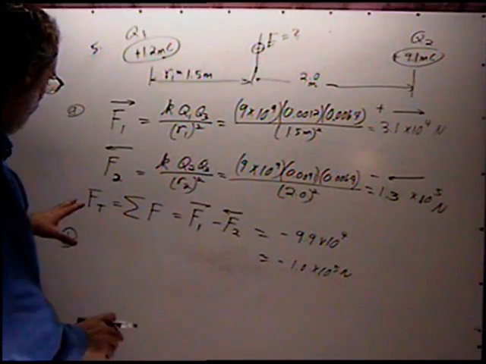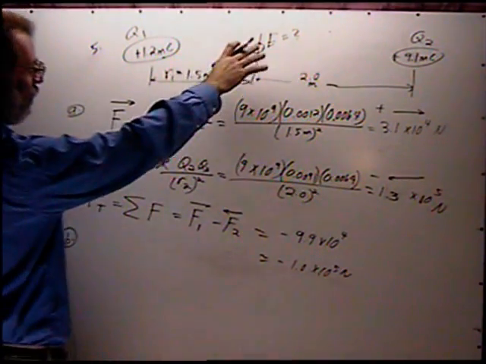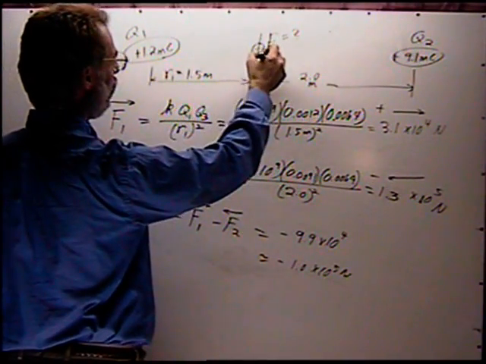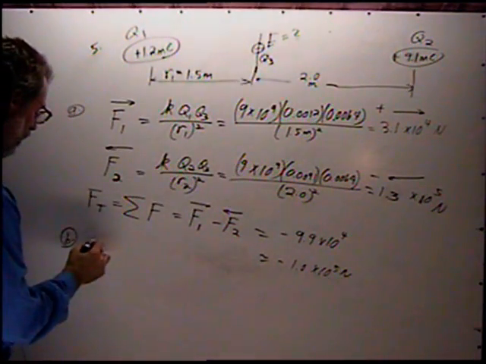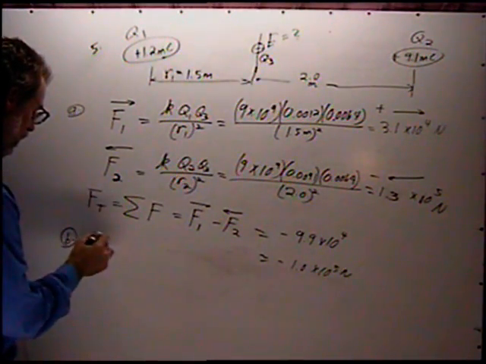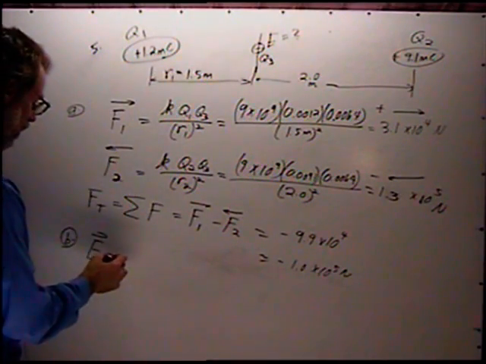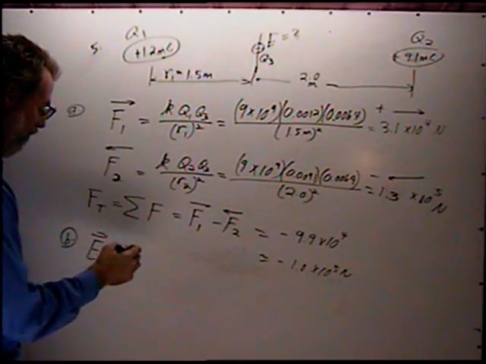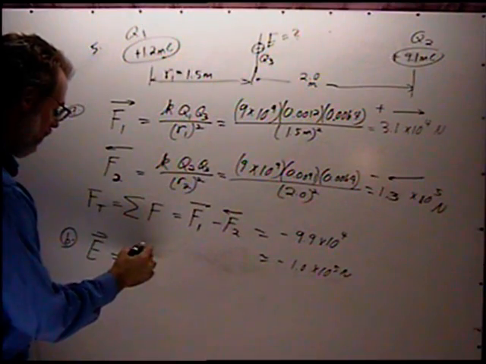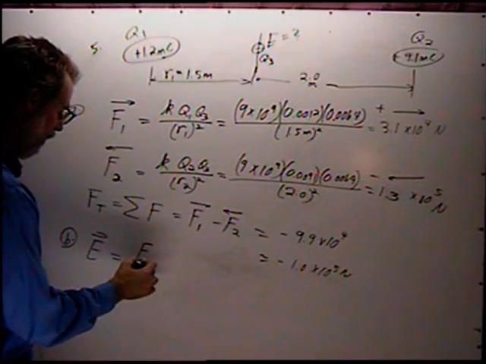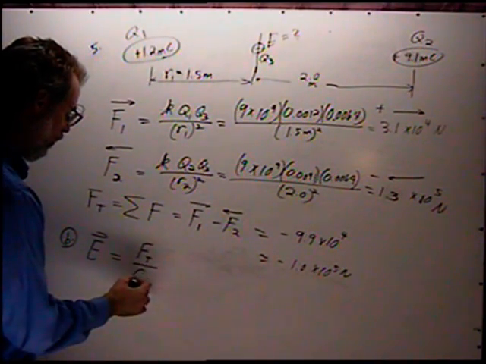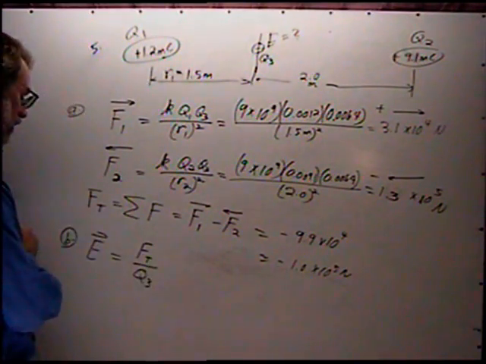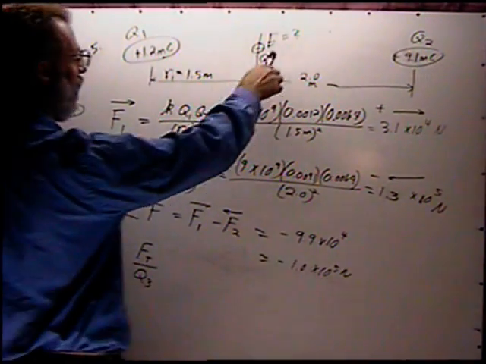that we've already calculated the force based on this particular charge right here, Q3. But notice that I can calculate the electric field at that point very easily, because it's the total force divided by that charge, Q3.